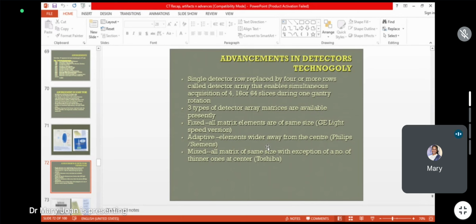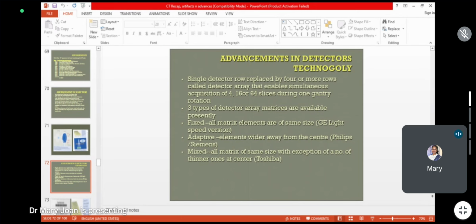For more clear images, more precise imaging, we need smaller elements. So the positioning and acquisition, focusing, aligning with the central axis, all those things become more important over here. And mixed is where all matrices are of the same size with the exception of a number of thinner ones at the center.